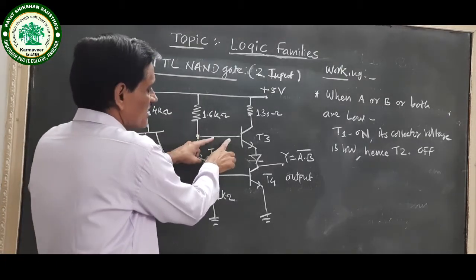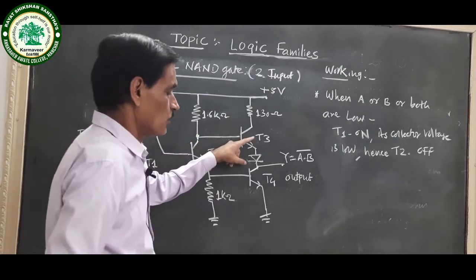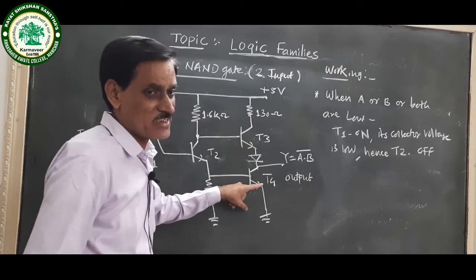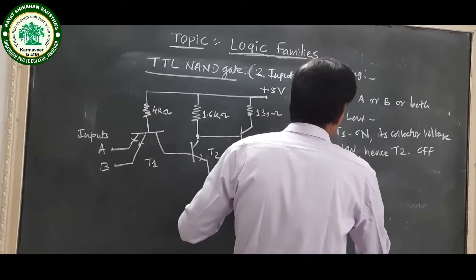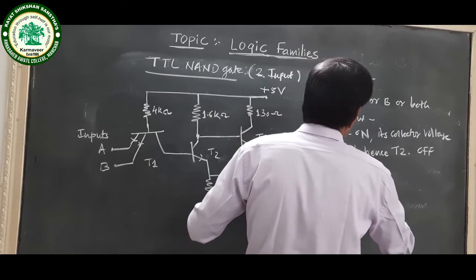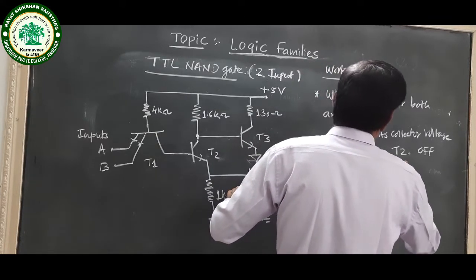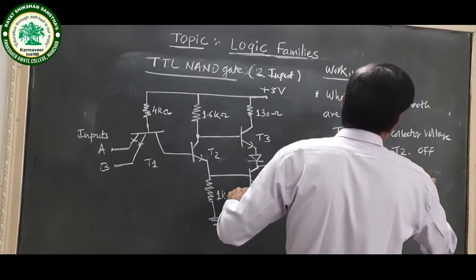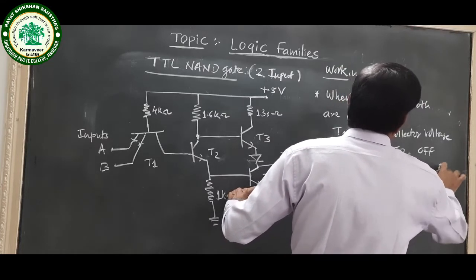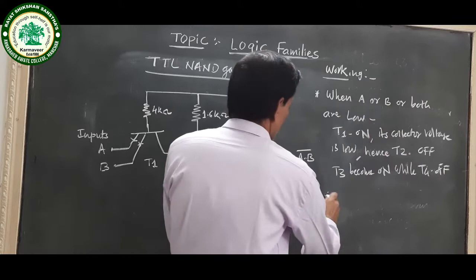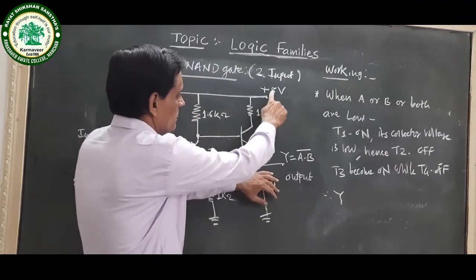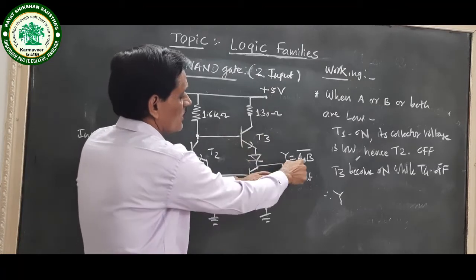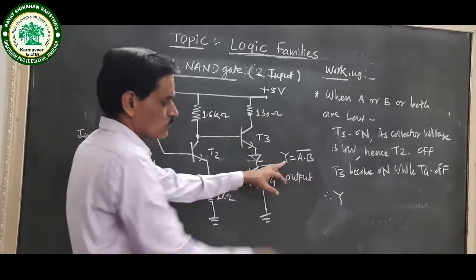Its collector is at higher potential, which makes T3 on and T4 off. Now with T2 off, T3 becomes on, while T4 is off. Hence T3 conducts, T4 is off, and through T3 you are getting the high output.